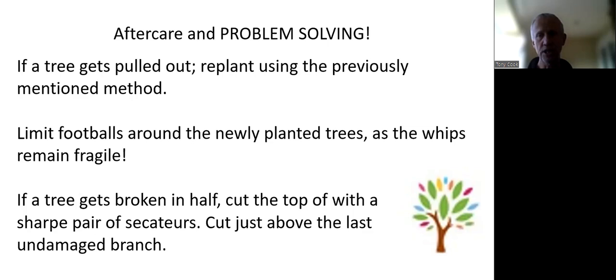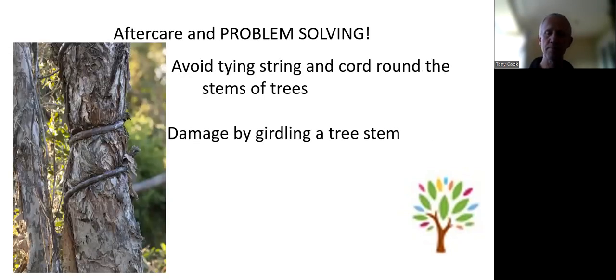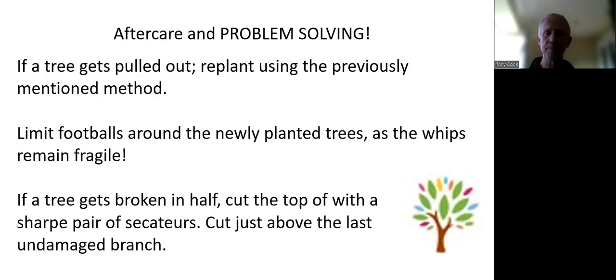It will change its shape, but it would still generally regrow from there. And likewise, if the tree was broken further down, maybe even just above where the tree exits the ground, you can still cut a broken tree off at the very base, and it should regrow again. And that's effectively what happens in larger trees with coppicing.